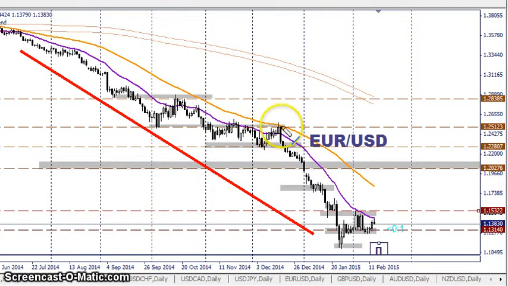It only touched it once about there, and for the most part, price is below the 21 EMA. As you understand, both the 21 EMA and the 50 SMA act as dynamic resistance. So if price is below, these are resistance areas, just like these gray rectangles.